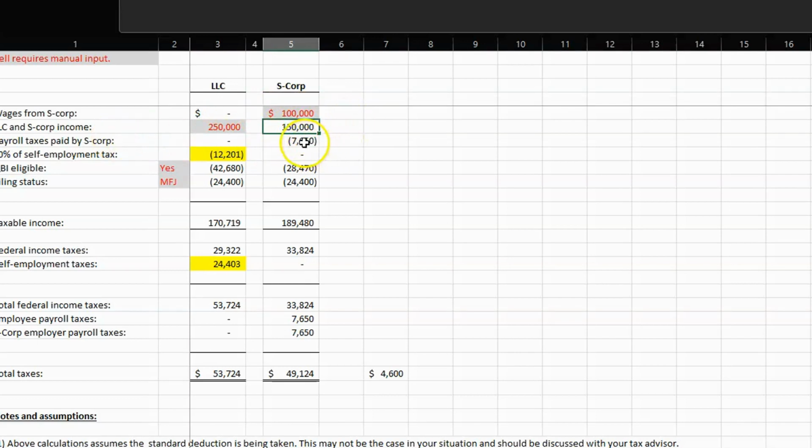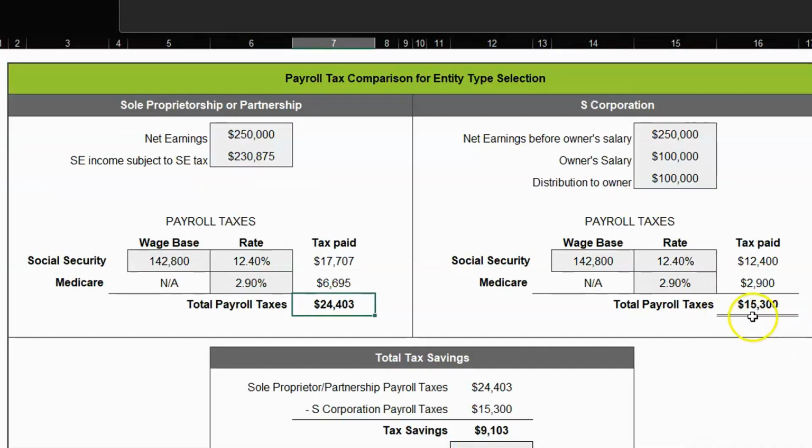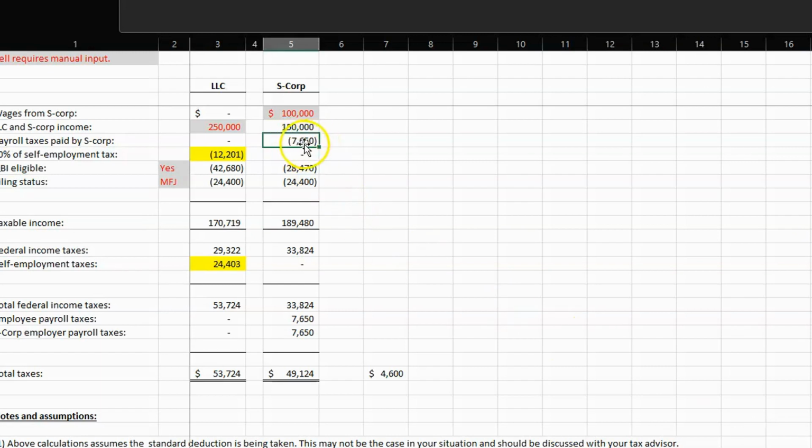Now the payroll taxes that the S-Corp paid, so let's go back to that other Excel file here. Remember that $15,000, remember how I said half of this the employer pays, half of it the employee pays? So we'll go back to here. We're going to deduct the part of the taxes paid by the S-Corp.